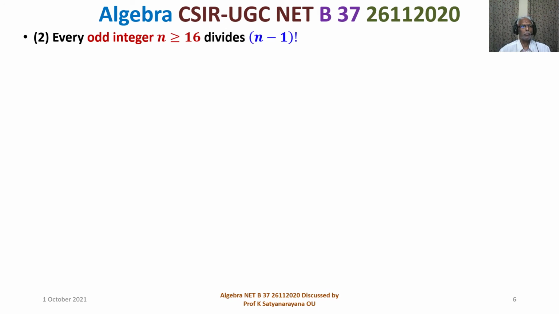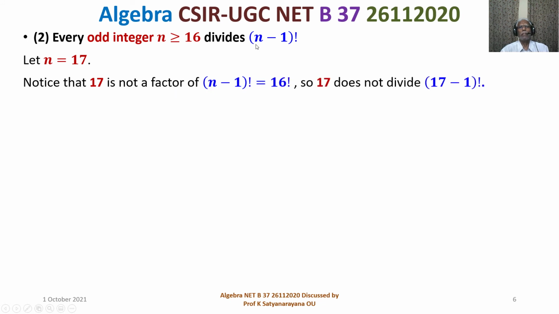Let's go to option 2. Every odd integer n greater than or equal to 16 divides (n minus 1) factorial. Let us take 17, which is greater than or equal to 16, as the odd integer. Let n equal 17. Notice that 17 is not a factor of (n minus 1) factorial, which is 16 factorial.